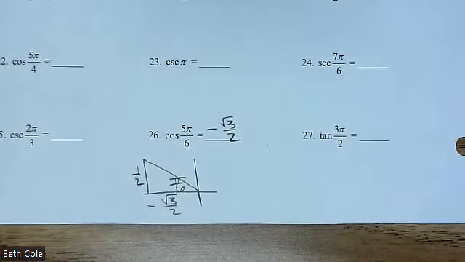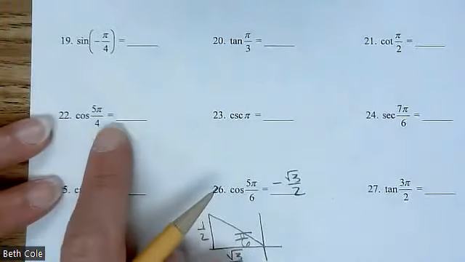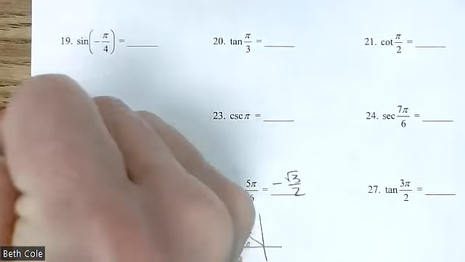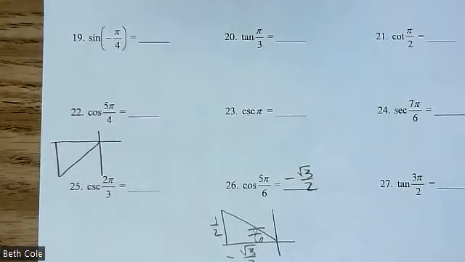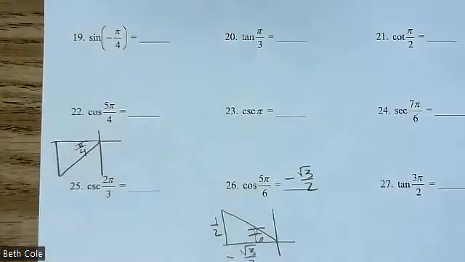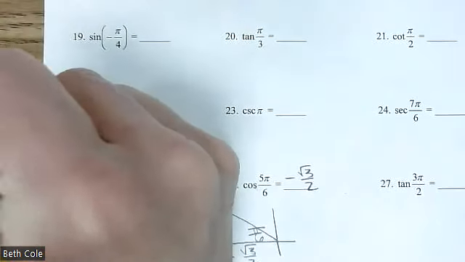Let's pick one that's a fourth. Do you see a fourth in there? 22. What quadrant? Good. Couldn't even get the whole question out. What's your reference angle? Pi over 4. That means both the sides are √2/2. Good.